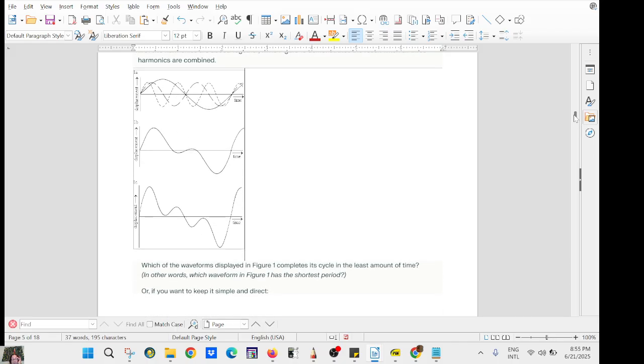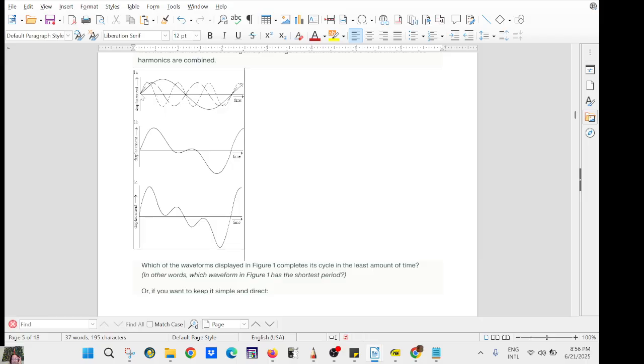Here you just want to know if you understand what's going on. Which completes its cycle in the least amount of time? Is it the first, the second, or the third?